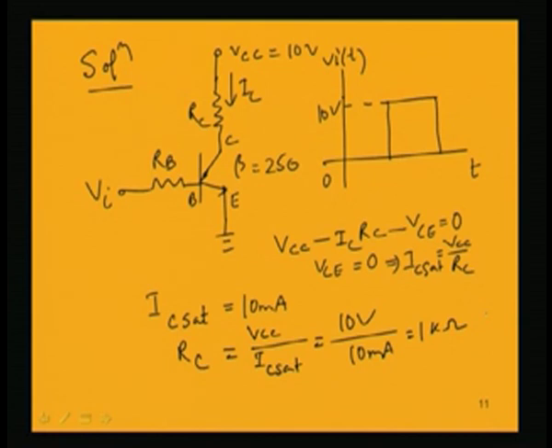Now, if we know IC sat, we can find IB for that IC sat, and that is IC sat divided by beta. Beta is 250. So, 10 milliampere by 250 comes to around 40 microampere, the value of IB for which the saturation occurs. If IB is above this value, then the transistor will be driven into saturation.